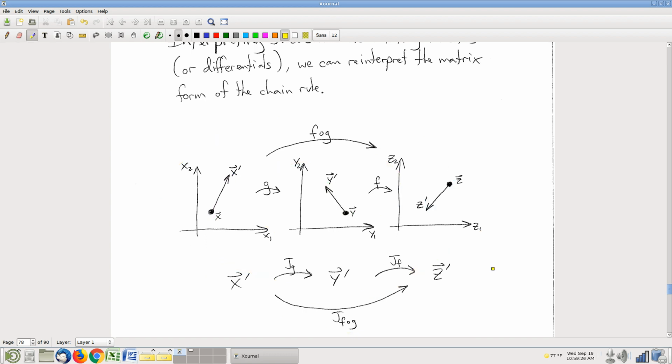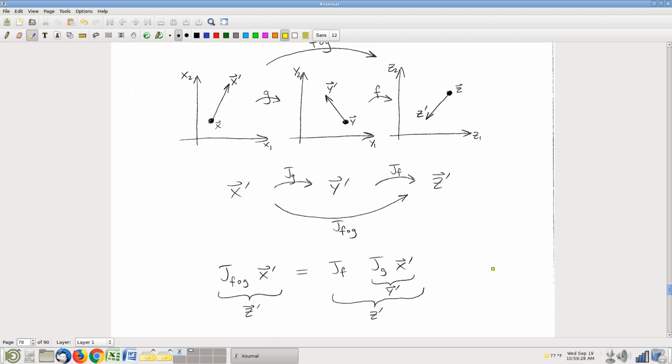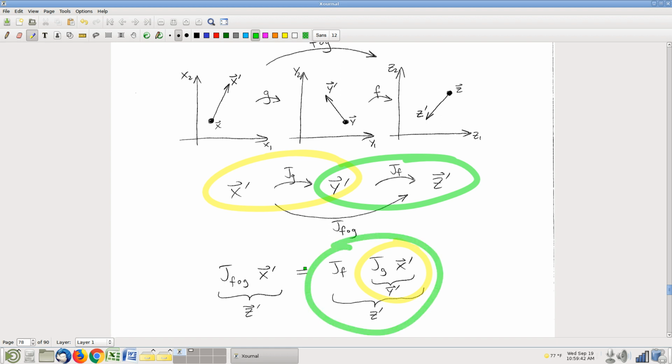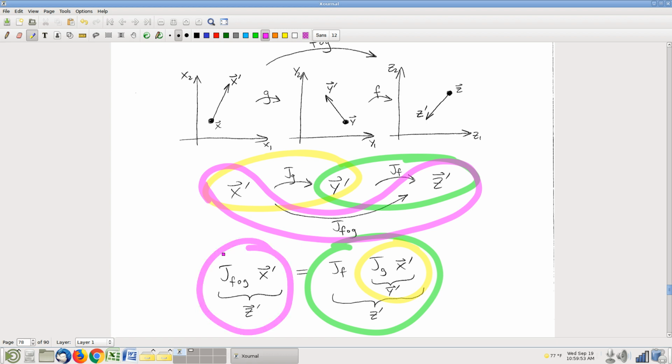Now let me write that down algebraically. The Jacobian of G multiplied by x prime gives you y prime. The Jacobian of f multiplied by y prime gives you z prime. Alternatively, the Jacobian of the composition times x prime also gives you z prime. Notice that these are the same results down here.